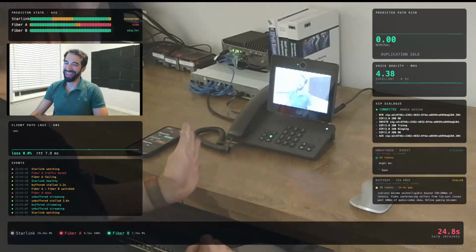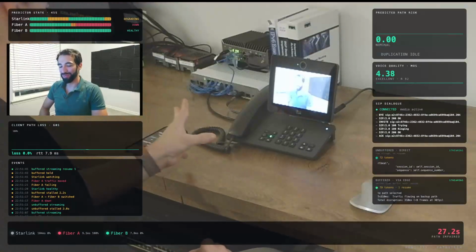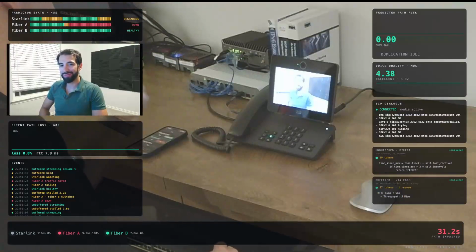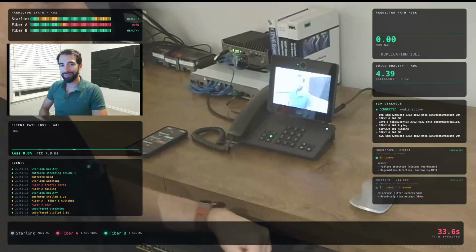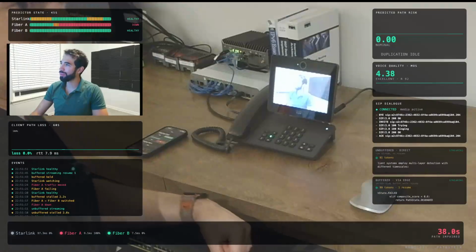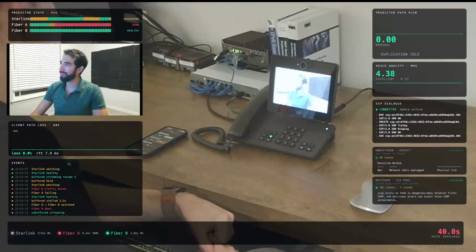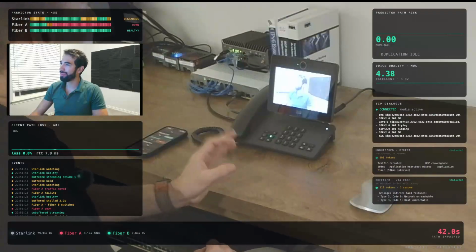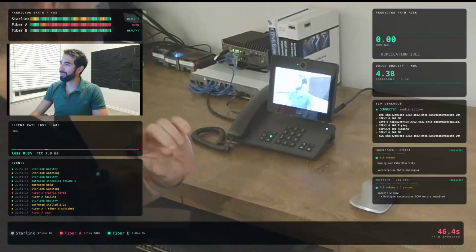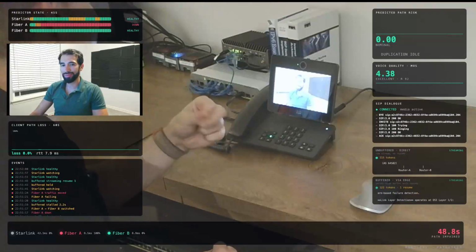All right, so I've cut Google Fiber, and we're on AT&T Fiber at the moment. What I'm going to do is unplug it, and we're going to hop to Starlink. I'm making sure that Starlink's clear. The cool thing about the machine learning algorithm is it can actually detect when satellite passovers and handoffs are happening.